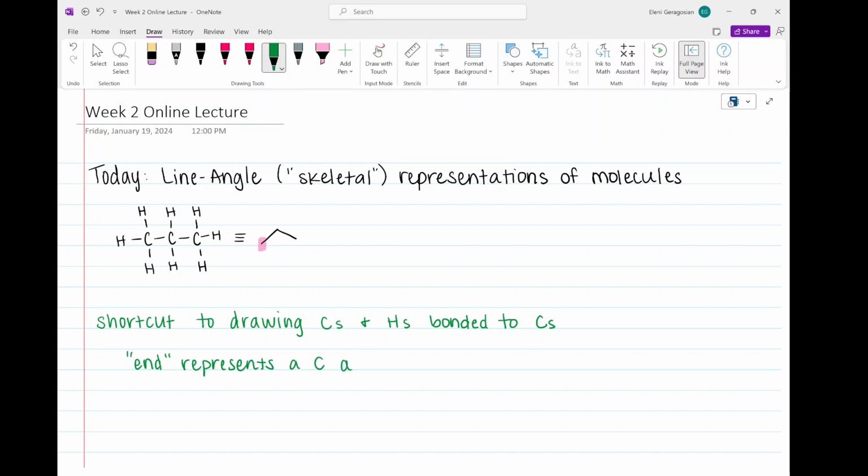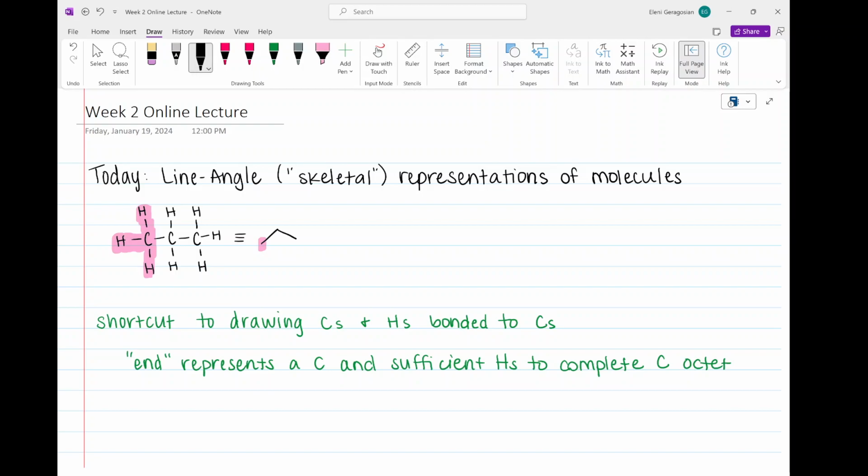So in this case, where I highlighted in pink is a CH3 group. So this whole part of the molecule is represented by the end, the left side of that.